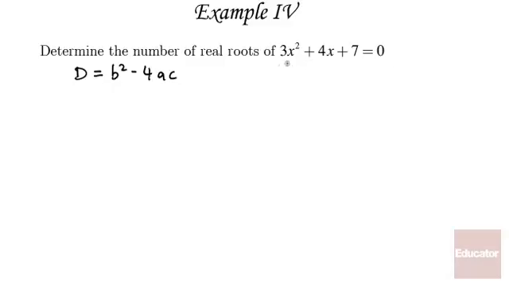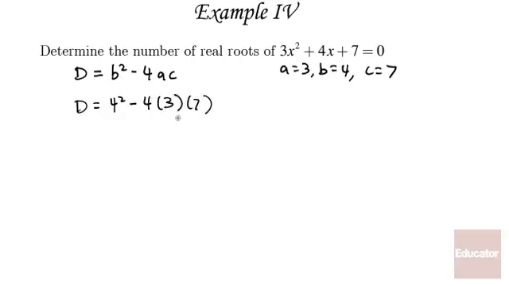For this quadratic equation, a equals 3, b equals 4, and c equals 7. So this is a simple matter of substitution. b is 4, so b squared minus 4 times a times c.